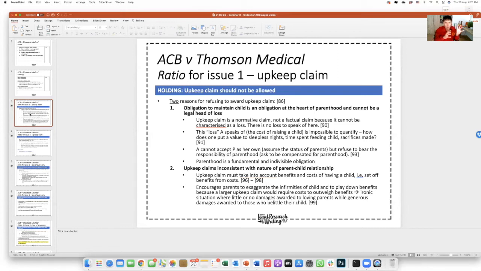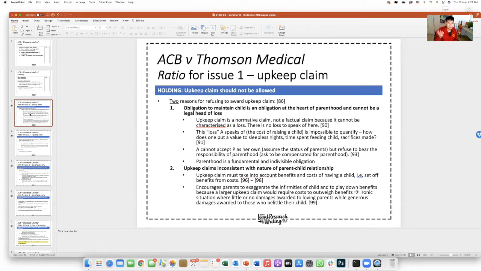You cannot equate this obligation to raise a child with, let's say, an obligation to repay a debt, or an obligation to not destroy a house that you're renting. Those are legal obligations, but raising a child is not a legal obligation, it's a moral obligation. So this is one of the reasons why I cannot allow you to claim money for having to fulfill a moral obligation. So that's the first reason, right?